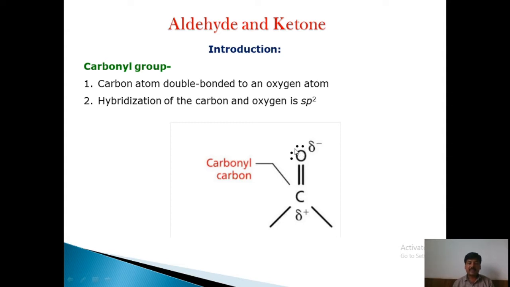Here, oxygen is more electronegative than carbon, that's why it pulls the electrons toward itself and a partial negative charge is created. Obviously, carbon carries a partial positive charge. This is your carbonyl carbon.